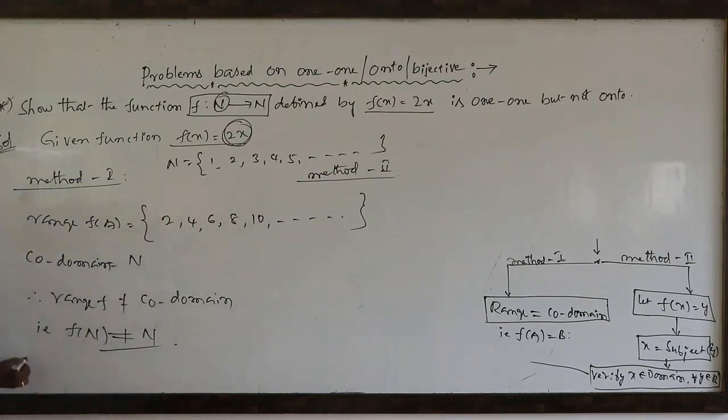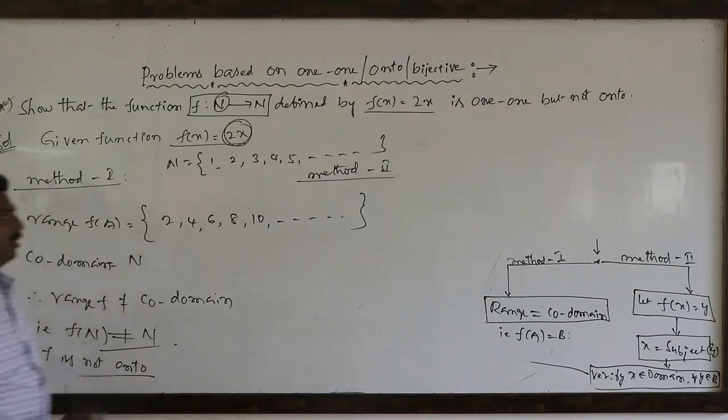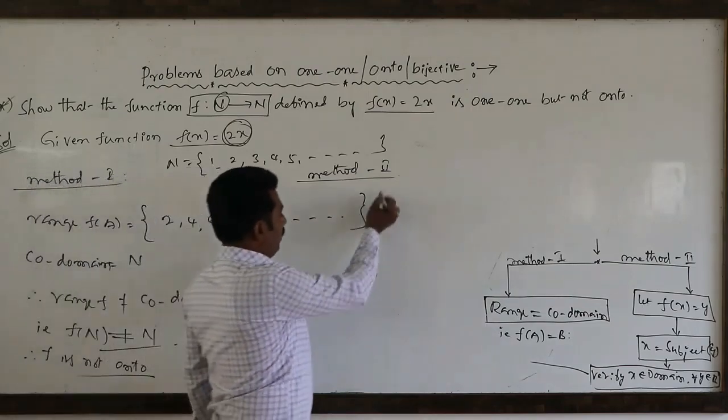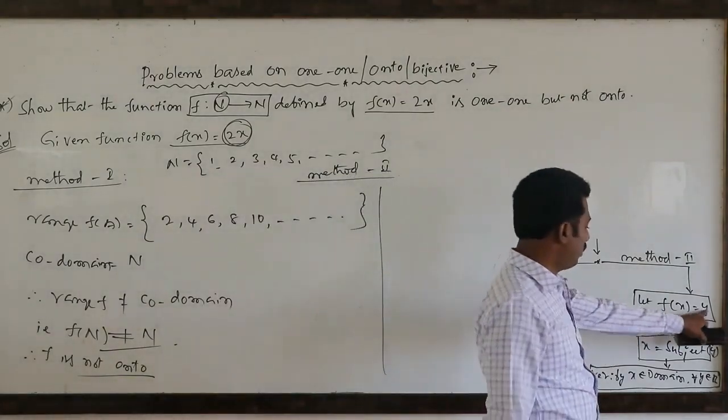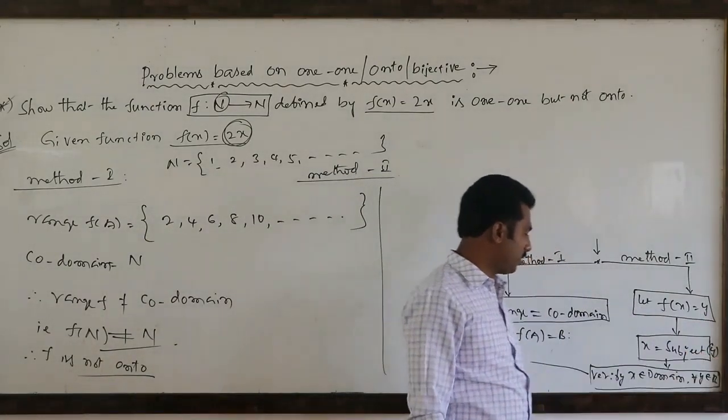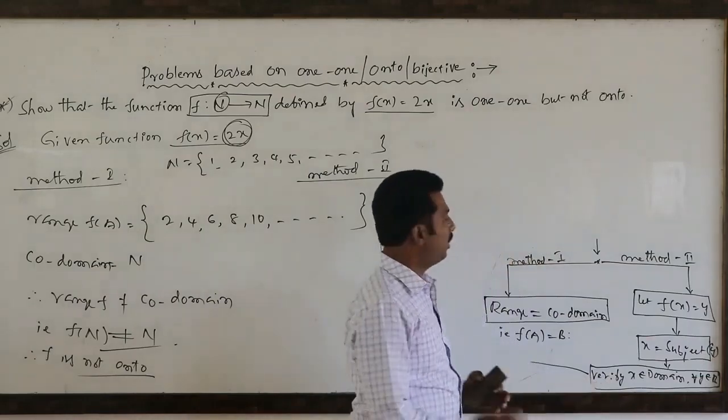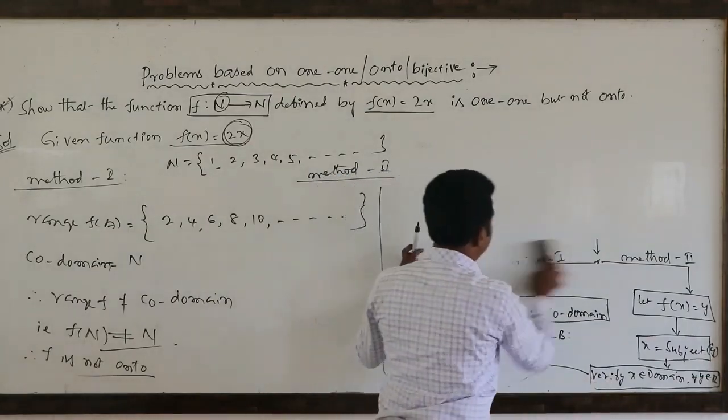Therefore, f is not onto. This is the first method. In the second method, we assume f of x equal to y and take x as the subject, in terms of y, and then we verify like this. See here.